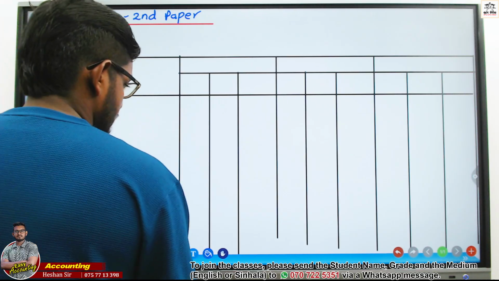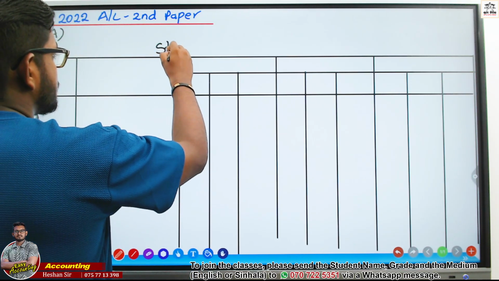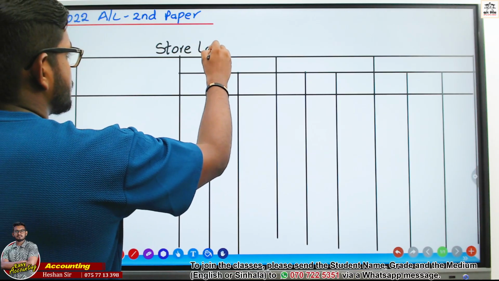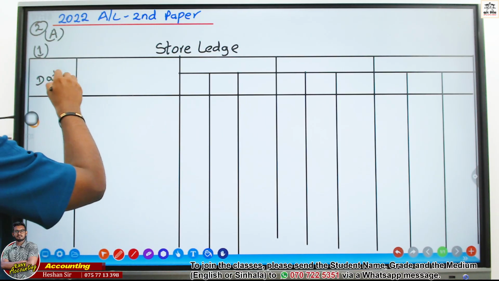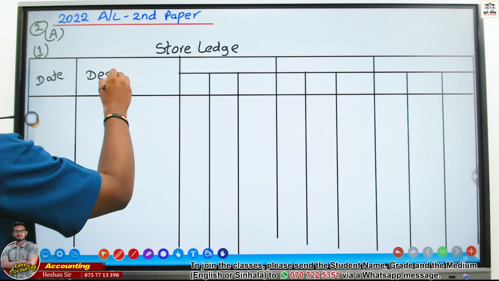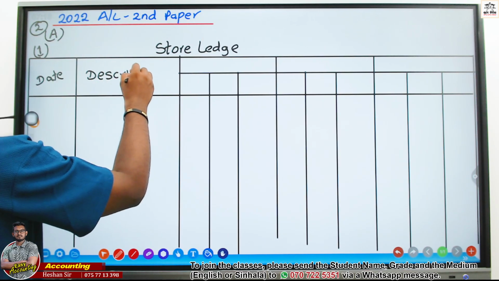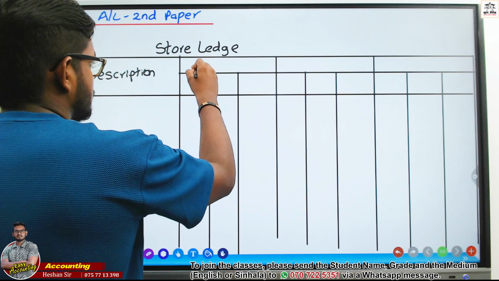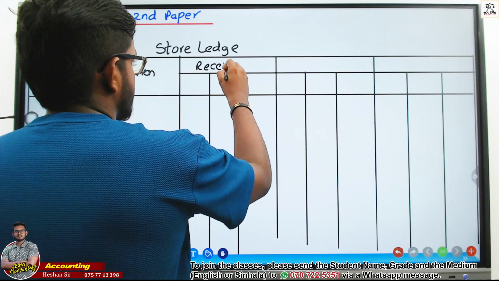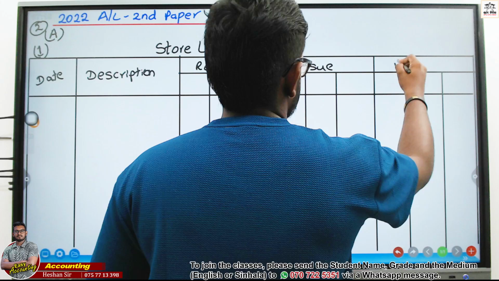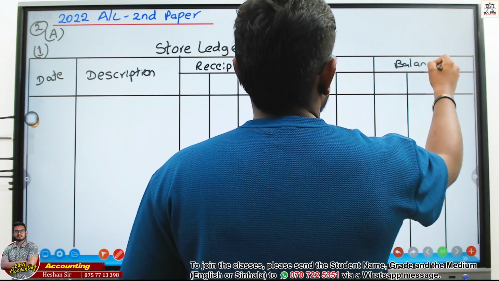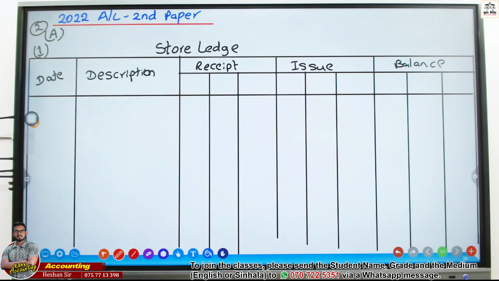So I'm going to take store ledger, date, description, receipt, issue, and the balance.